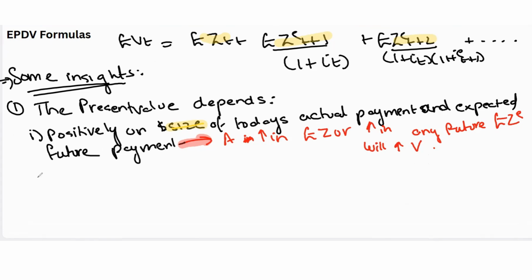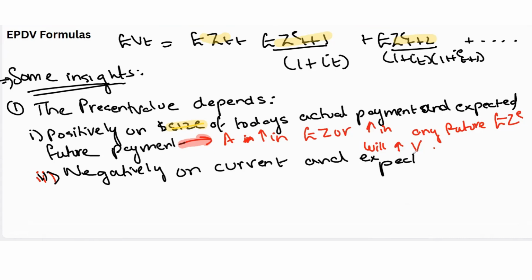So it depends positively on these, and it depends negatively on current and expected future interest rates. This is i_t here, i^e_{t+1} here, i_t here.